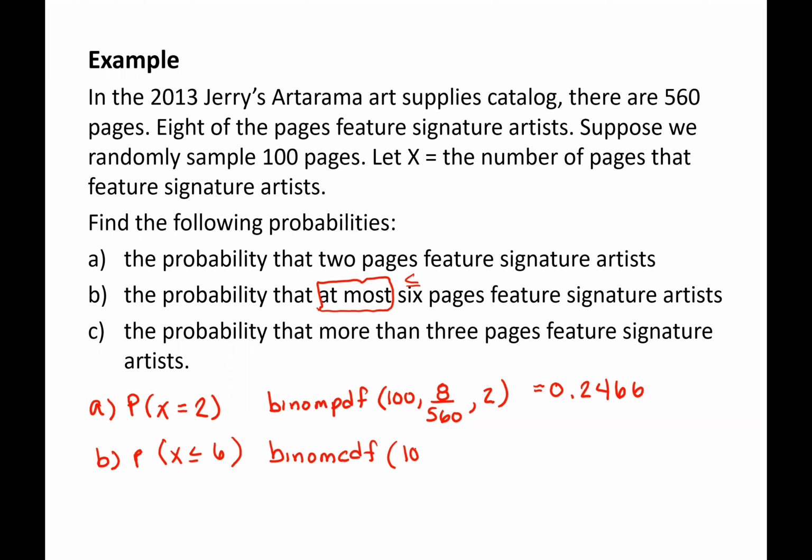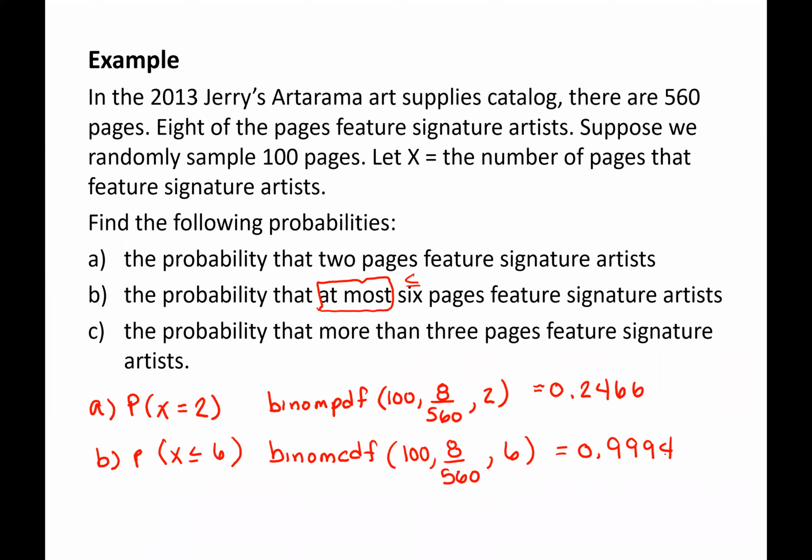Again, we have 100 trials, the probability of a success is 8 over 560, and we're interested in our random variable taking on a value less than or equal to 6. And my calculator says that this is 0.9994.